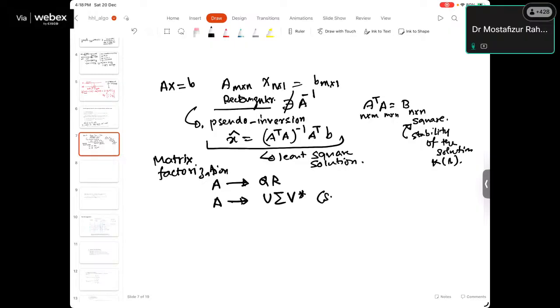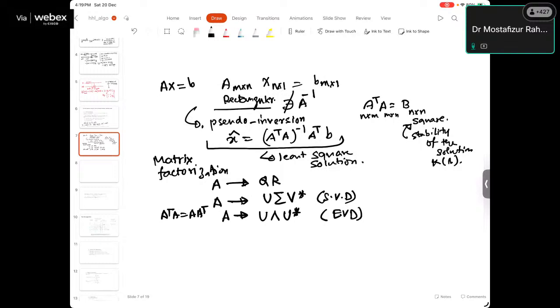This is known as the singular value decomposition, where U is a unitary matrix, sigma is a diagonal matrix, and V star is another unitary matrix, right? And for matrices where A transpose equals A, we have a better decomposition, that A can be decomposed as U lambda U star, which is known as the eigenvalue decomposition, right?